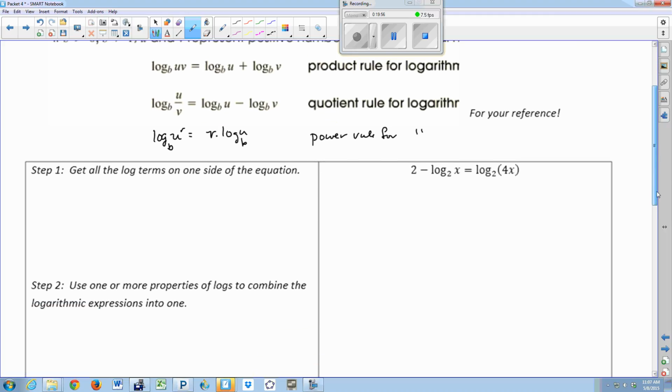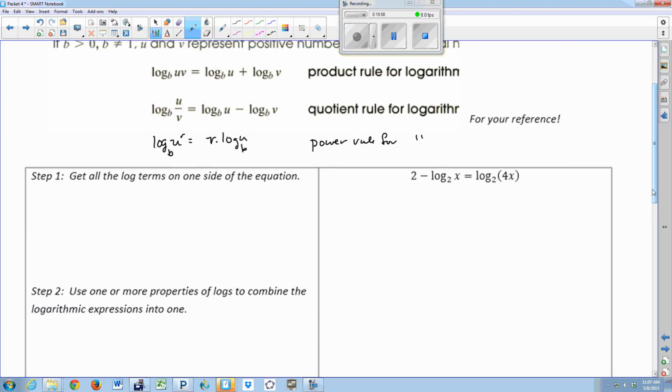Okay. So now you see we have a little dilemma here because we have a log equation, but we have logs on both sides of our equation. To isolate a log means you have one log. Right now we have two logs. So the first thing we have to do here is get all our log terms on the same side.